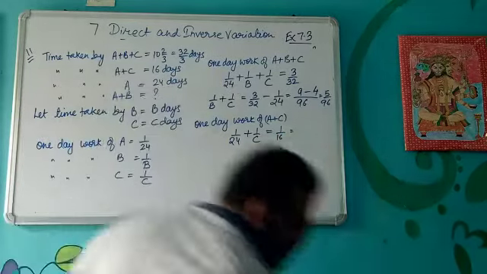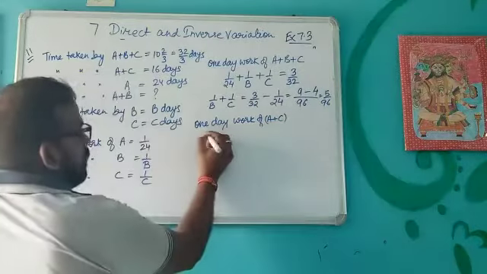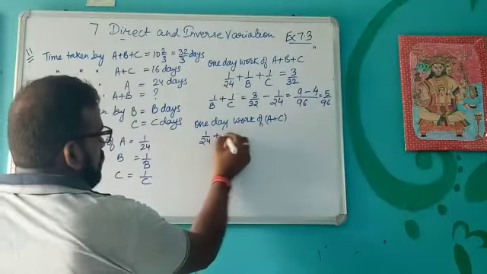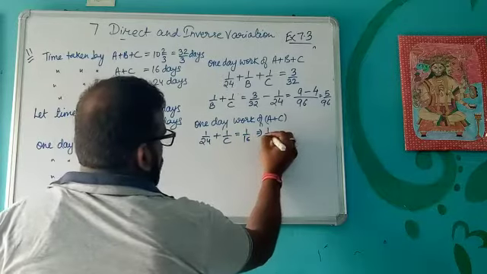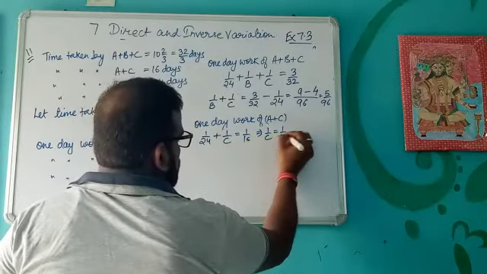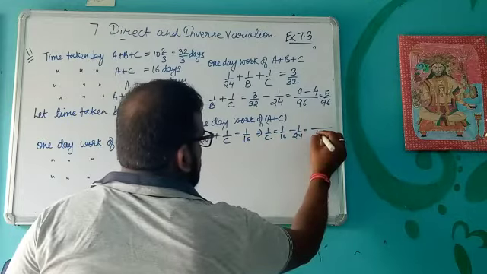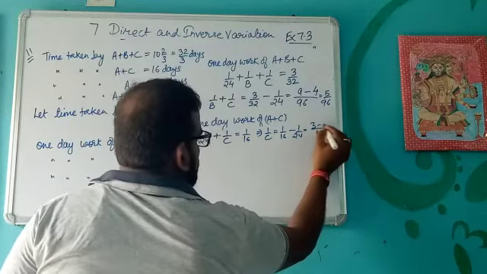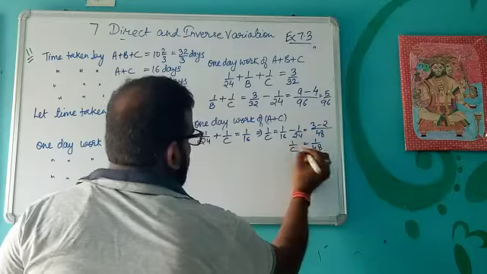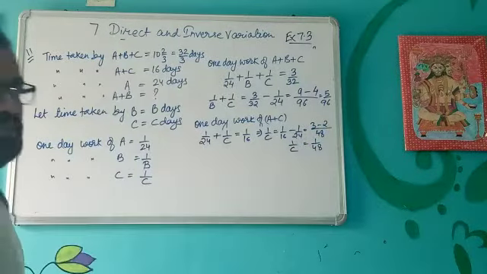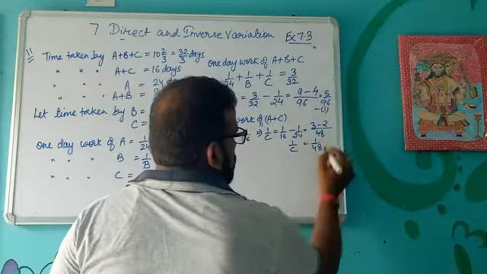So what is 1 upon C? Then we will take the LCM. So 1 upon 48. This is the value of 1 upon C. So this is our first equation.